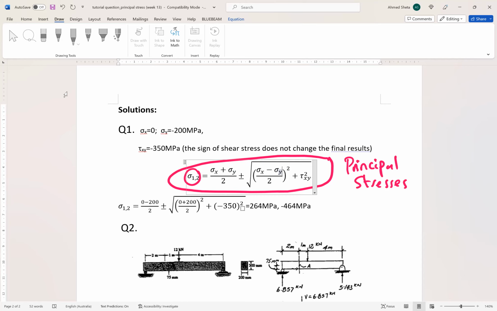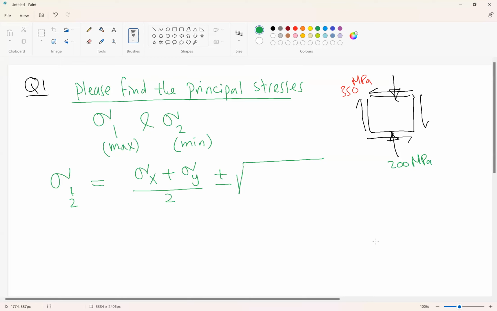Okay. So if we return back to the Paint file here, Jacob, I will just continue, but I am talking about the general formula first, and I will let you know why it is 0.